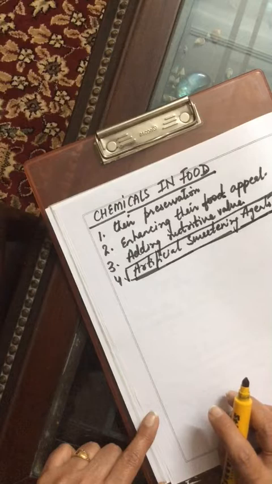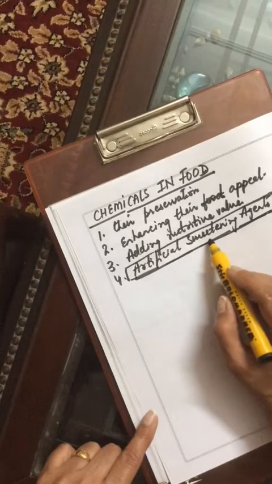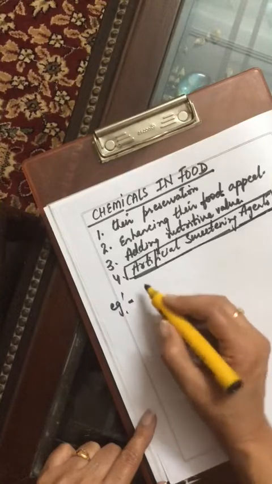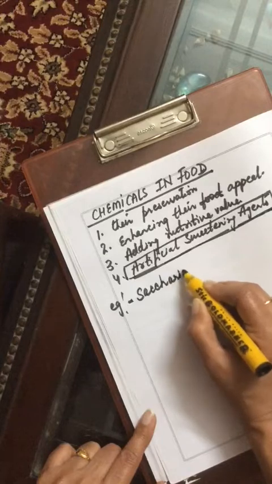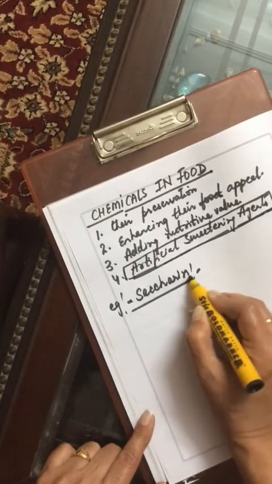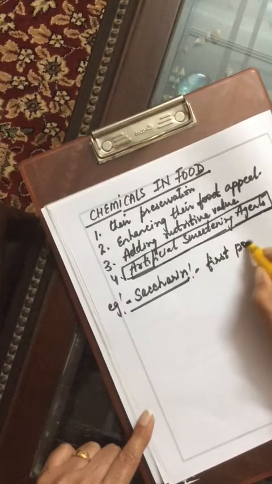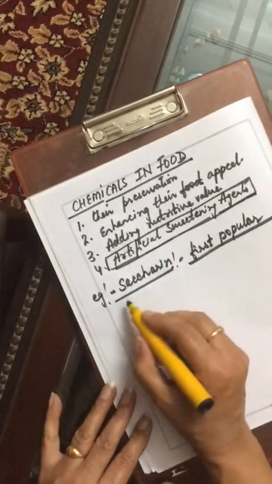Natural sweeteners like sucrose, the table sugar, add to calorie intake, and therefore many people prefer to use artificial sweeteners. Examples of artificial sweetening agents. The first example is saccharin. This is the first popular artificial sweetening agent.